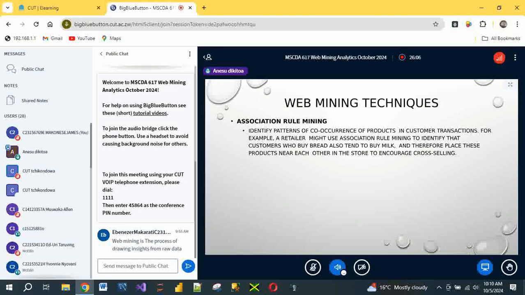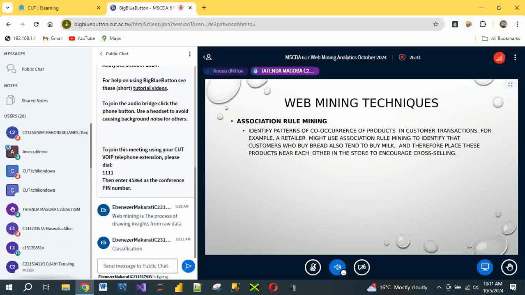let's move on. Right. So let's do a recap. What are the common techniques in web mining? Let's hear from you, class. One, we have association rule mining. What else do we have? Yes, Tenda? You can even type on the public chat.